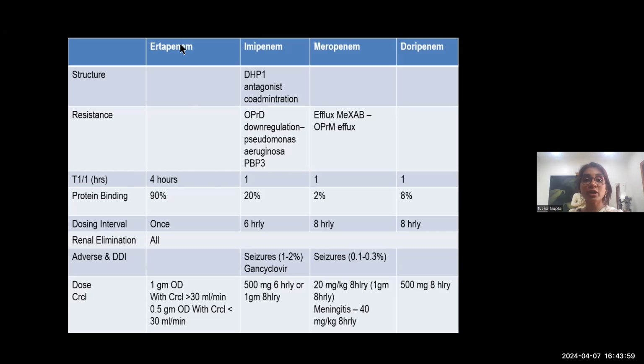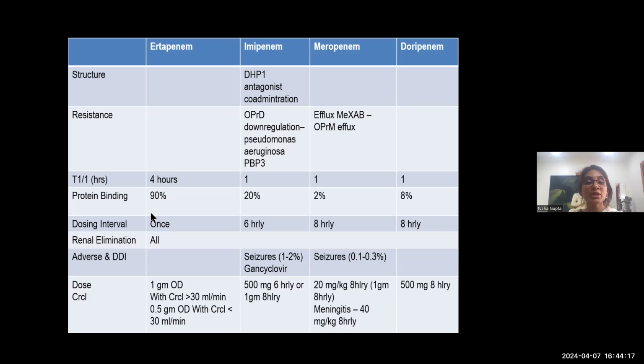The half-life of ertapenem is 4 hours, whereas for meropenem and doripenem, the half-life is 1 hour. Ertapenem is very highly protein bound, whereas imipenem is lesser, about 20%. Meropenem and doripenem have very little protein binding.